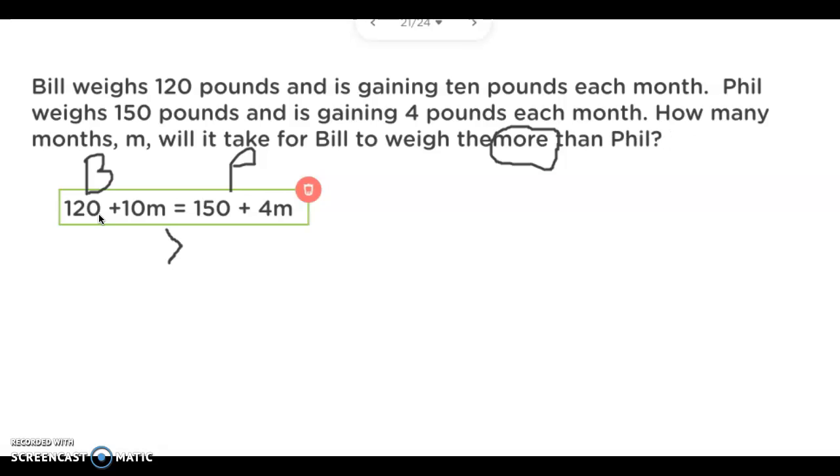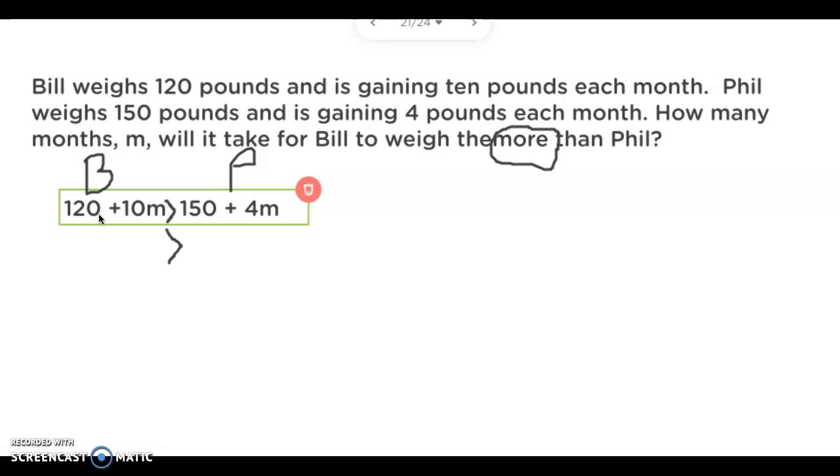And what does that look like? Remember, the crocodile mouth goes to the bigger number. Or you can look at it as Bill being a big bully pointing at little bitty Phil.